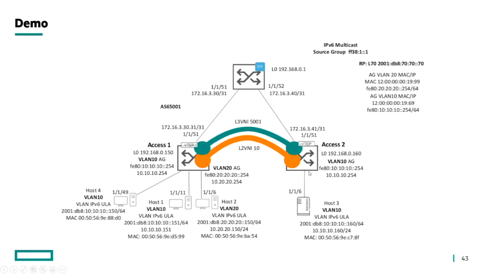I've got a stretched VLAN 10 across both of these switches, and that's an L2 VNI. I've also got an L3 VNI. I've created a VLAN 20 as well on this switch, so we can see some L3 VNI information, and I'll go through some of this as we go through the demo.